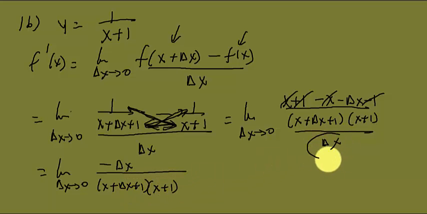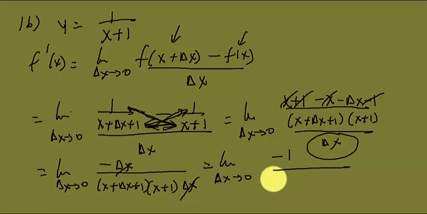And where will this end up when I divide this whole fraction by delta x? It will end up on the bottom. I get a delta x. That's just simple algebra. Delta x is now reduced off. I have the limit as delta x goes to 0 of negative 1 over x plus delta x plus 1 times x plus 1.